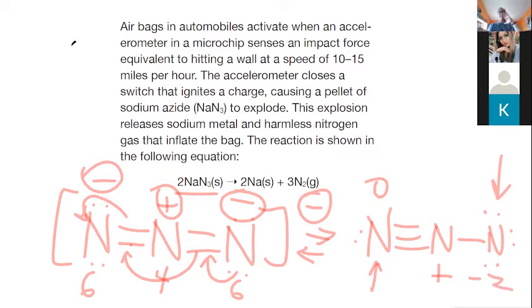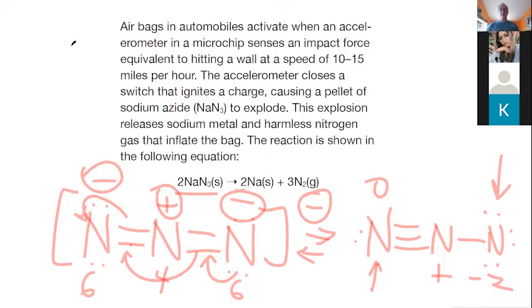So each of these is possible, but notice each one of them has negative charges right next to positive charges. And we know that that's extremely unstable. So basically, azide is just dying to get back to a more stable conformation.